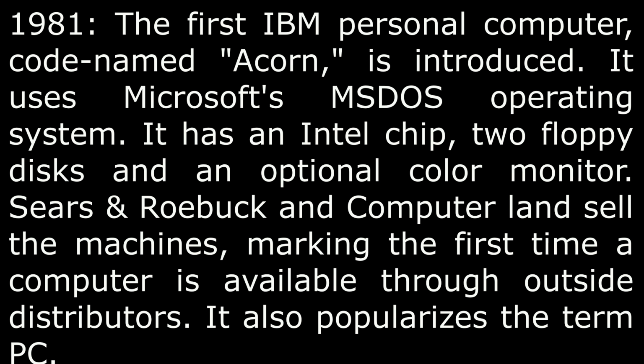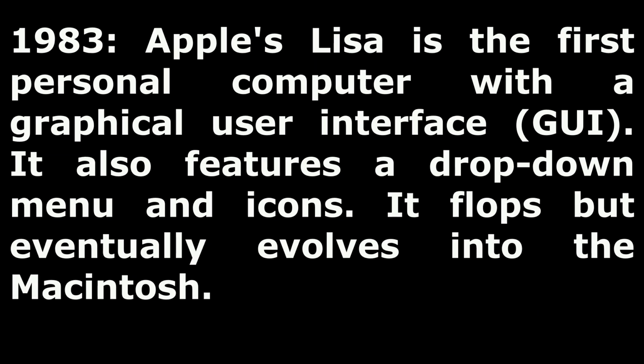It has an Intel chip, 2 floppy disks and an optional color monitor. Sears Roebuck and Computerland sell the machines, marking the first time a computer is available through outside distributors. It also popularizes the term PC.